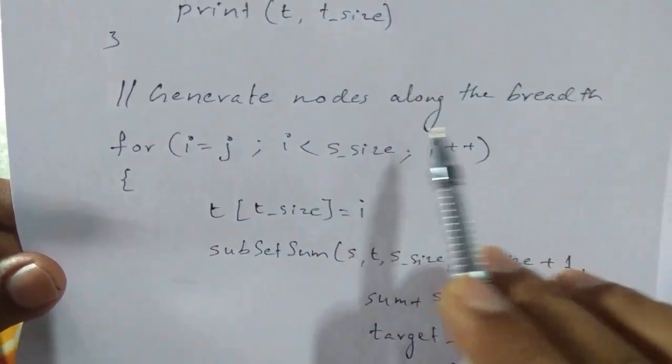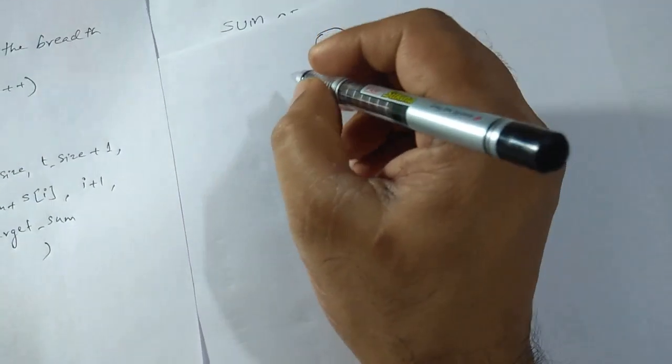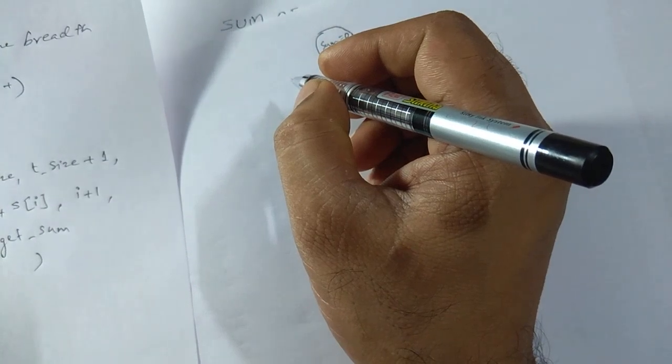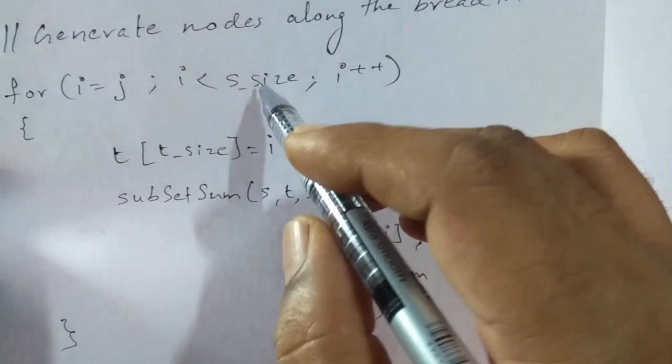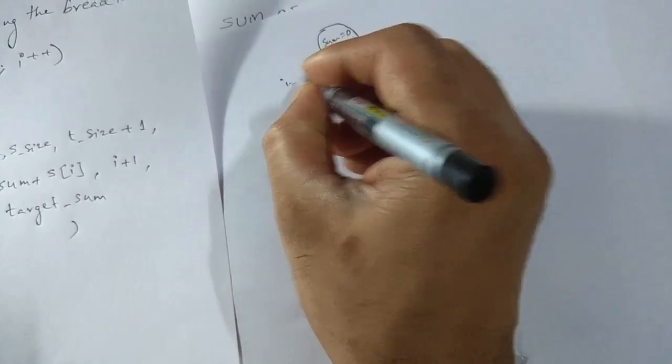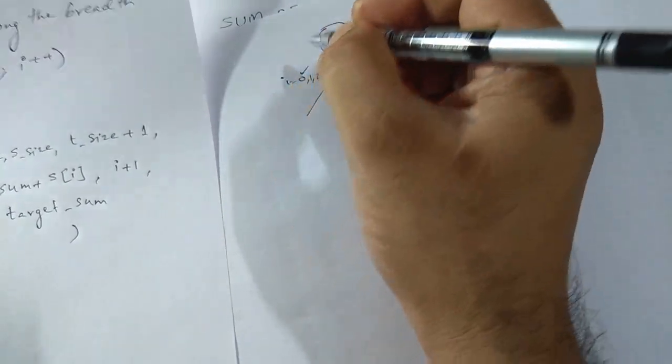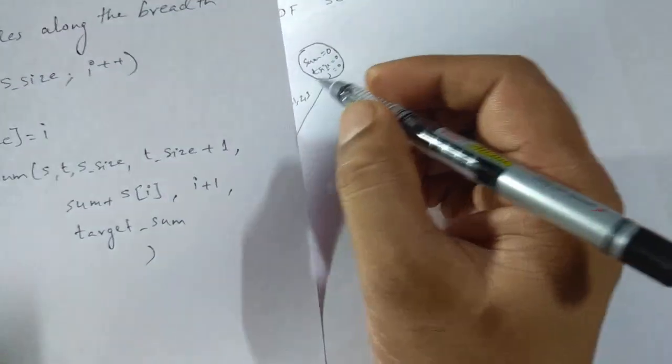Then it is coming to the for loop, that is, it is generating the nodes along the breadth. So for i equal to j, up to s size, in our example s size is 4, so i is less than s size, so i will be varying from 0 to 3. So i equal to 0, 1, 2, 3. I will be taking the first value. Then t will be updated.